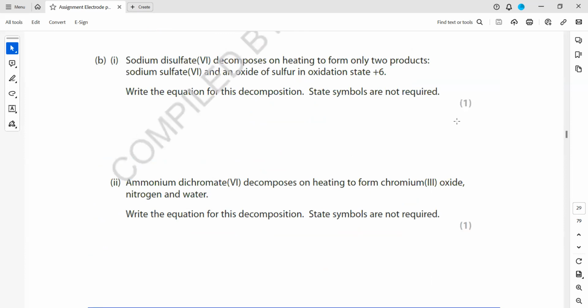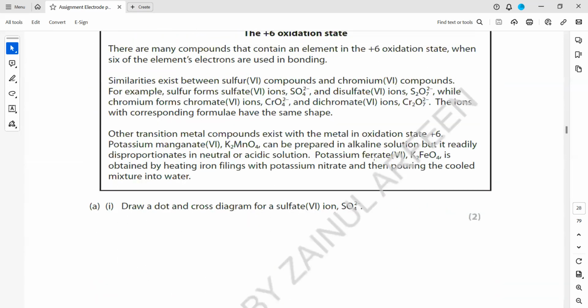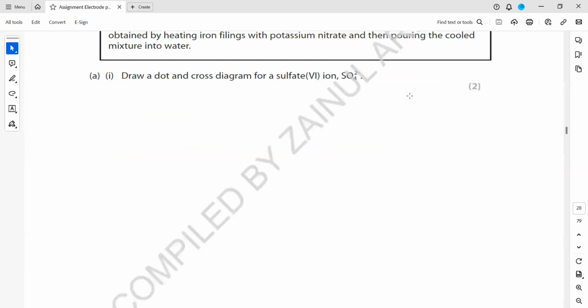Sodium disulfate(VI) decomposes on heating to form only two products: sodium sulfate(VI) and an oxide of sulfur, oxidation state +6. Write an equation. So sodium disulfate(VI), the formula is given in the beginning. This is a disulfate(VI) ion, and sodium is there.